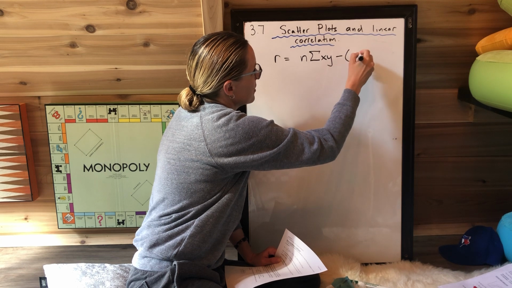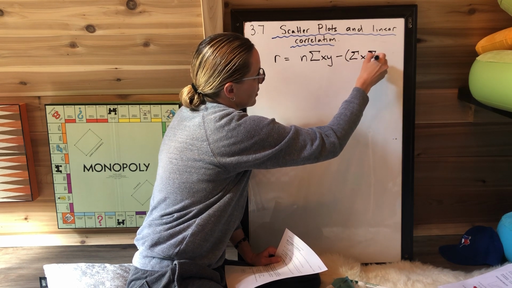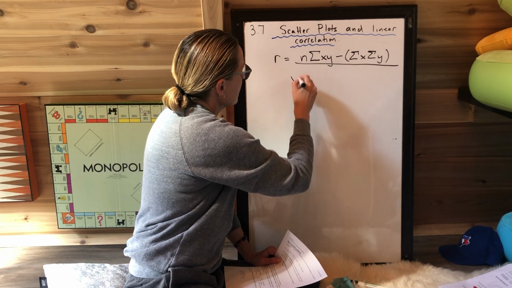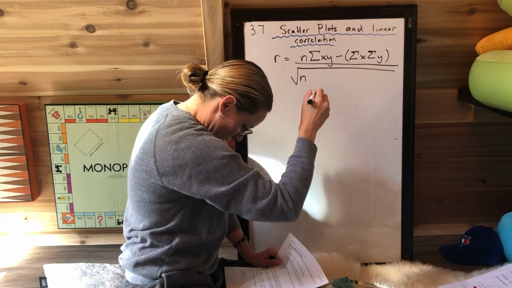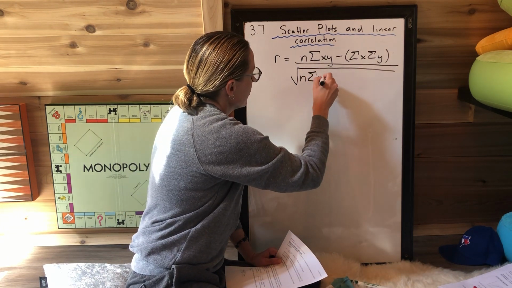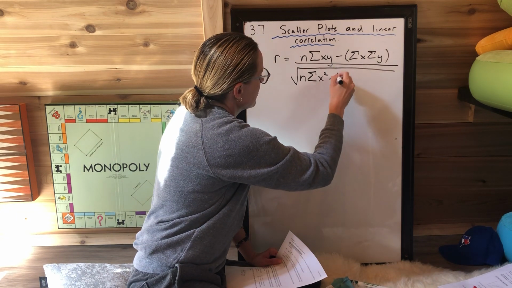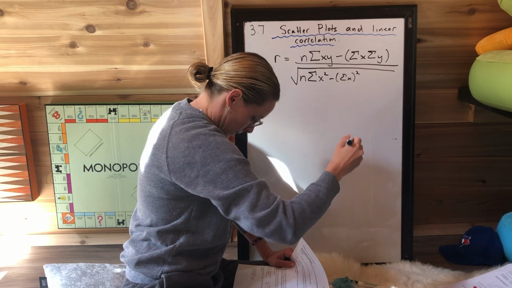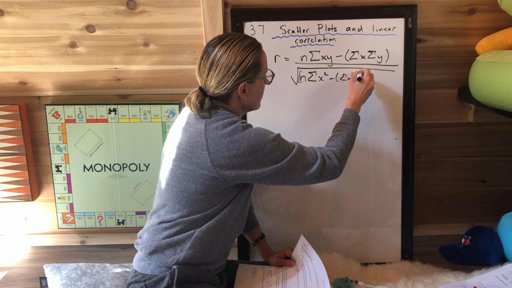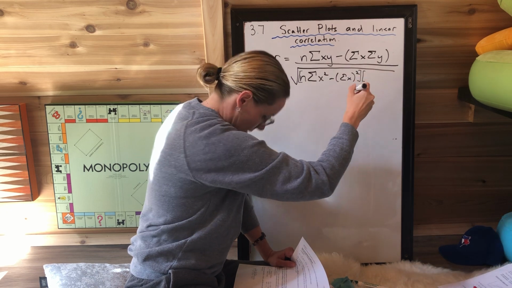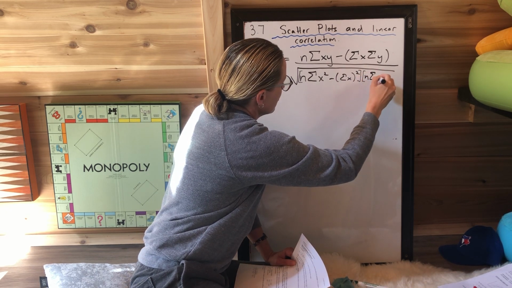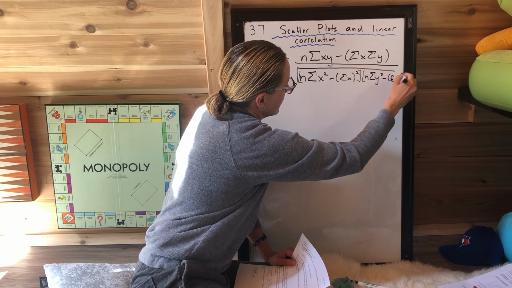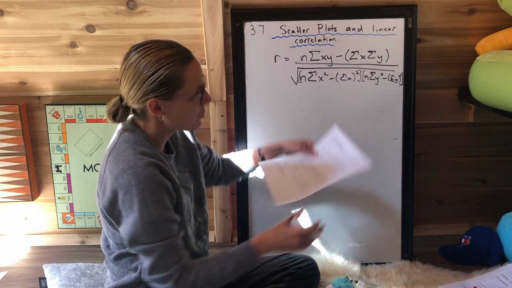That minus the sum of all the x's multiplied by the sum of all the y's, all divided by the square root of n times the sum of your x squareds, minus the sum of your x's, squared. This is being multiplied by the same thing with y's. Okay, so that formula was on the first page, no problem.